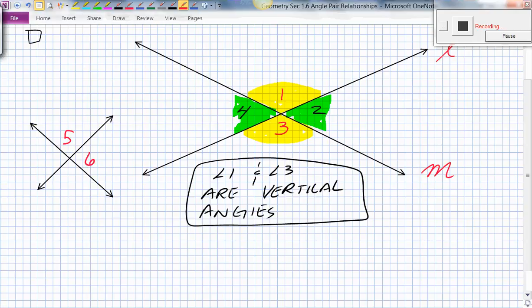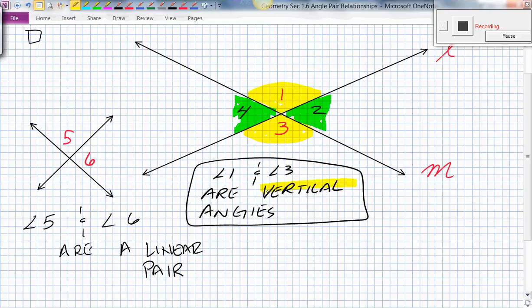Okay? So angle 5 and angle 6 are what's known as a linear pair. So there's another vocab word for us. We have two vocab words. We have vertical angles and we have linear pair in this lesson, okay?